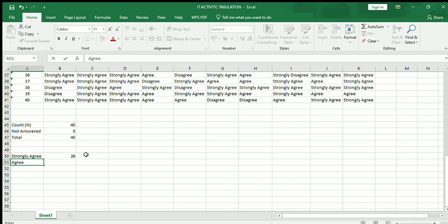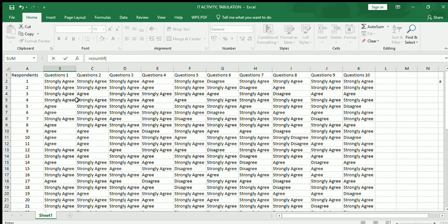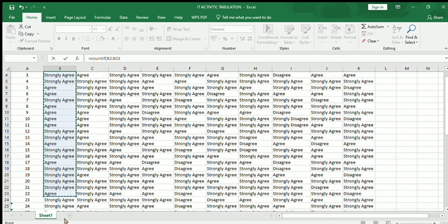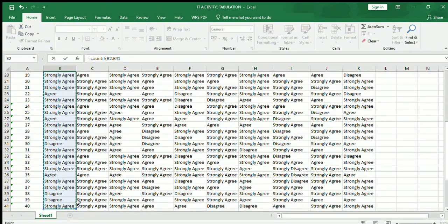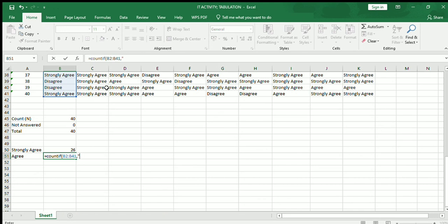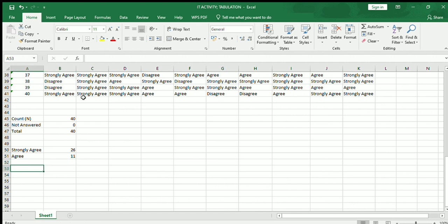So the formula on how to get the total amount of the respondents who answer agree is equal sign COUNTIF, open parentheses, and then highlight 1 to 40, and then you put a comma, double quotation, write agree, and double quotation, and then close parentheses and enter. And there you get the amount of the respondents who answer agree.